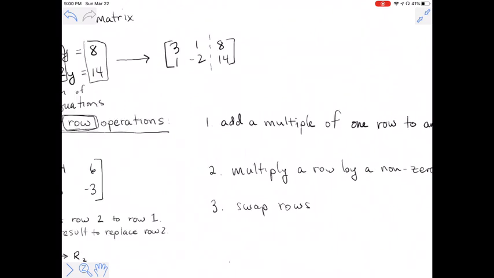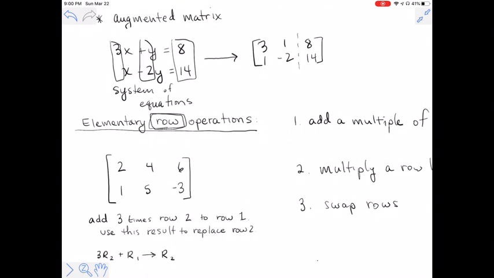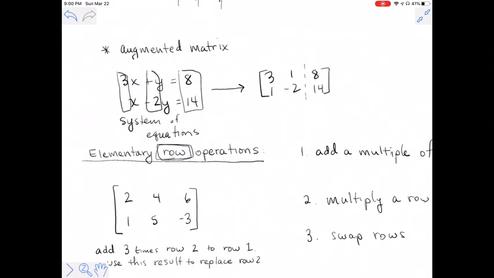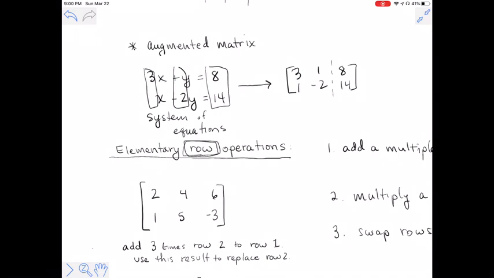So to practice these, I've got a matrix here, and I'm describing this row operation right here. 3 times row 2, and I'm going to add that to row 1. So this is row 2 right here.